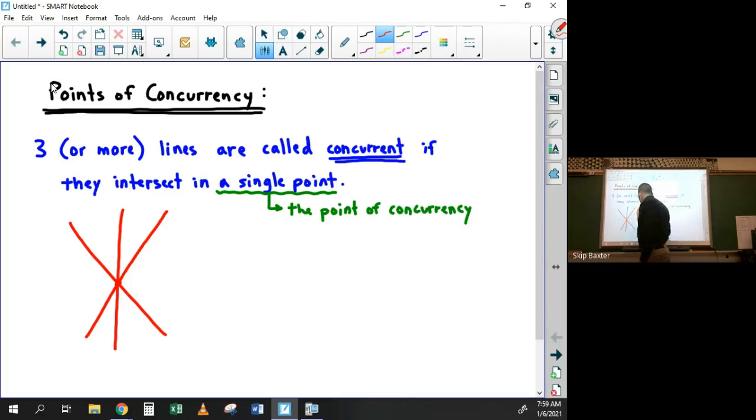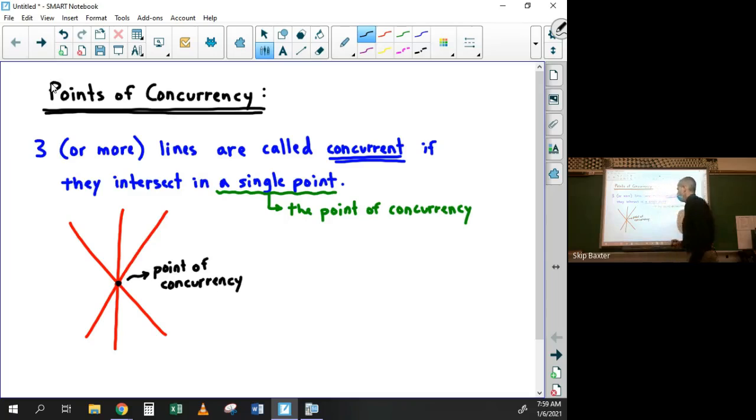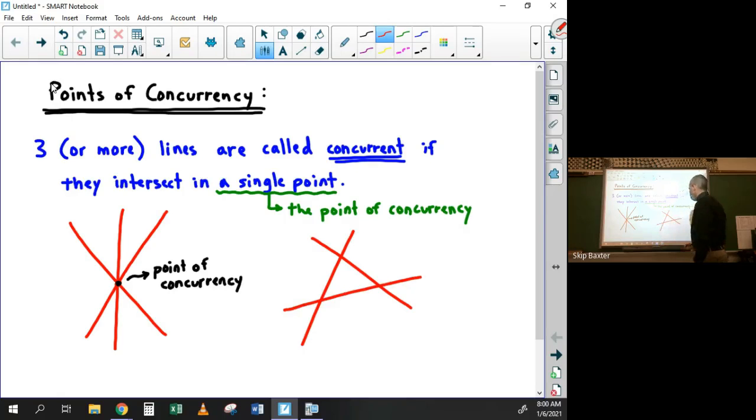That point is called the point of concurrency. It's easy to envision 3 non-concurrent lines. Just picture like a triangle kind of, right? Something like that. These are not concurrent lines.